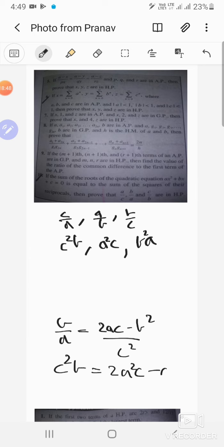So first of all, you have that r plus m upon mr is equal to 2 upon n. So r plus m is going to be 2mr upon n. Now I can substitute this in this equation.